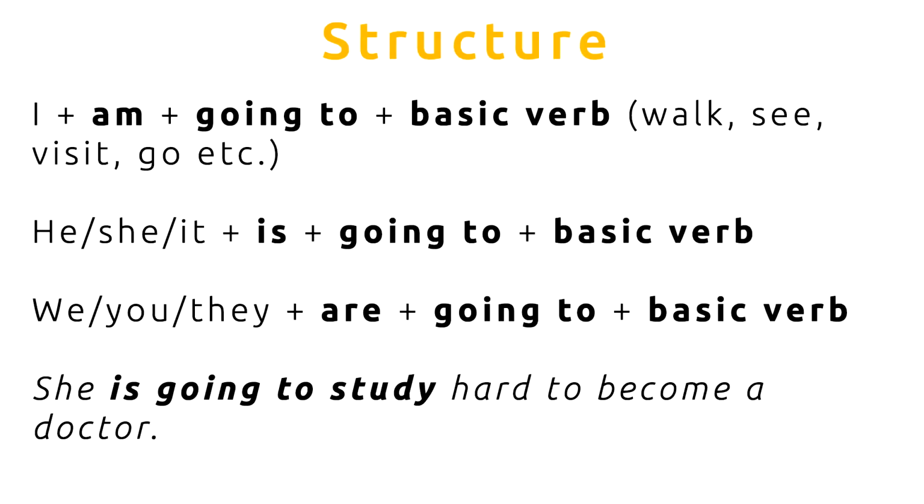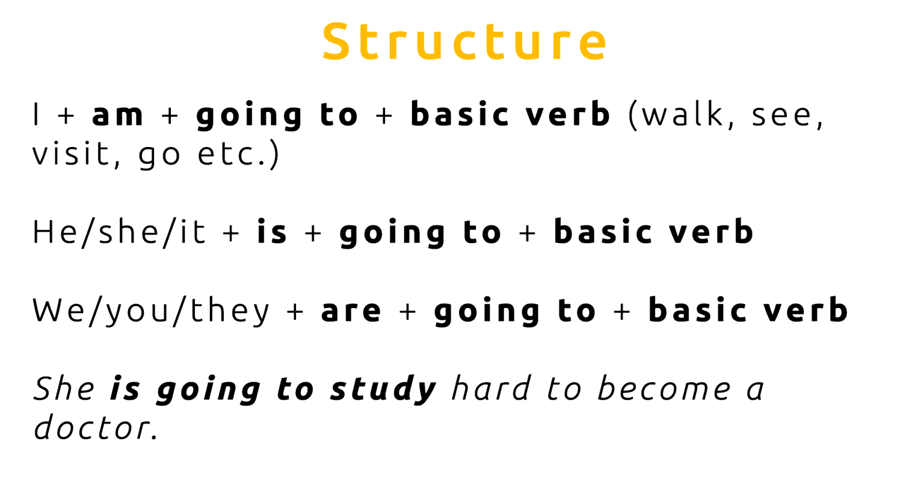Now, the structure for going to. Let's have a look. Here is the positive structure. The first structure is I plus am plus going to plus a basic verb like walk, see, visit, and go. So when you use I, always use the verb am.